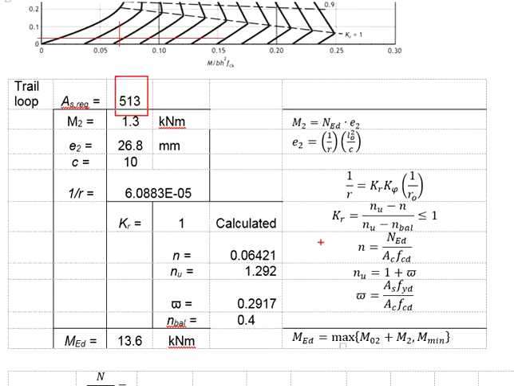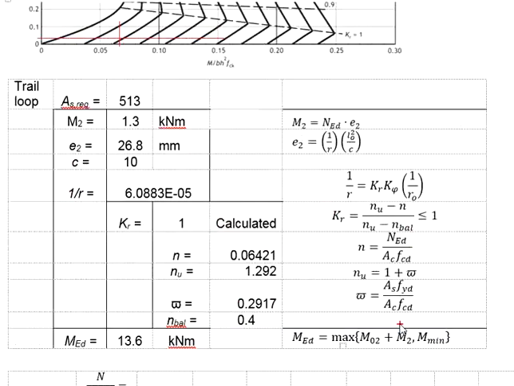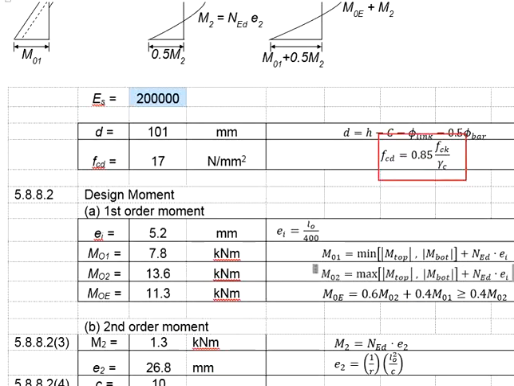Substitute this AS into the equations to determine the omega. FYD we have calculated, which is equal to 435. AC is the cross-sectional area of the column, 150 times 300. FCD we have calculated also from these equations, which is equal to 17.